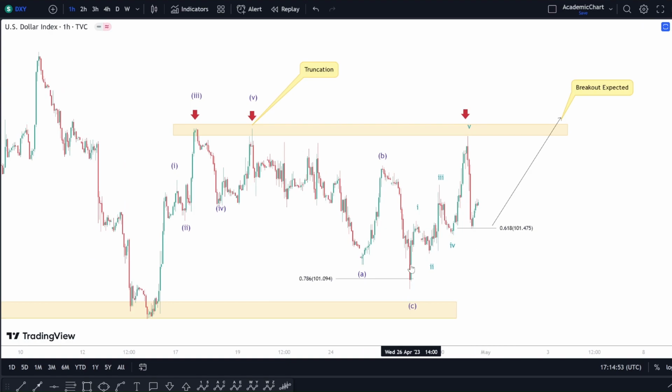Then after that, you are seeing a 1, 2, 3, 4, 5 wave structure to this previous resistance level, with a complete five-wave structure, and then a reversal back as a corrective structure to 61 percent.